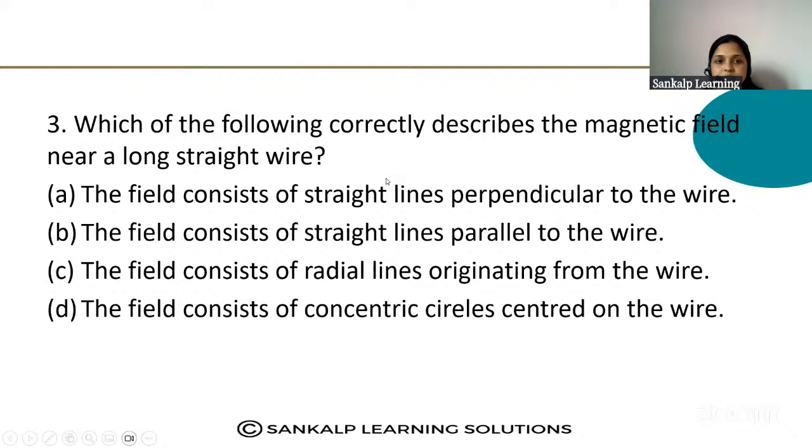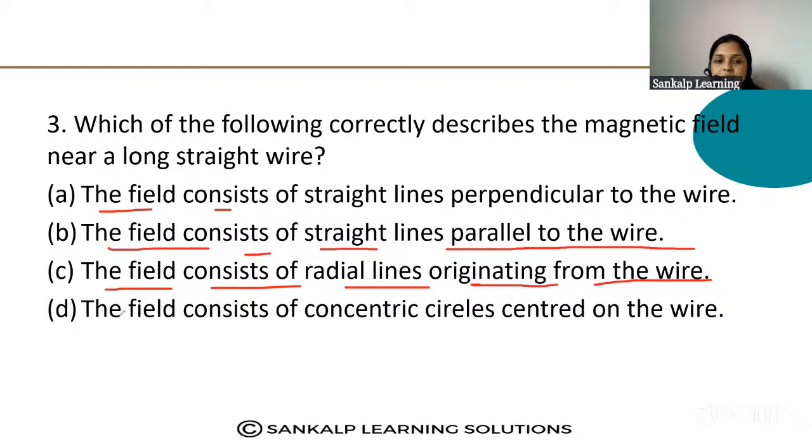Next question. Which of the following correctly describes the magnetic field near a long straight wire? The field consists of straight lines perpendicular to the wire. The field consists of straight lines parallel to the wire. The field consists of radial lines originating from the wire. The field consists of concentric circles centered on the wire.